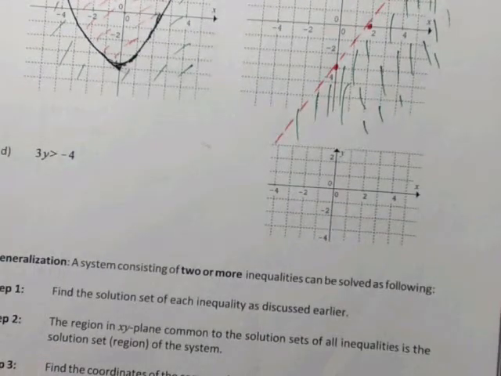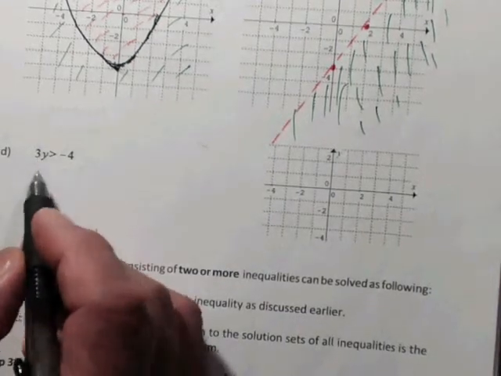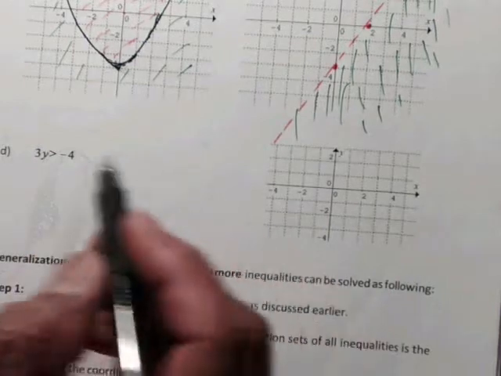Finally, we have one that is an easy one, because variable x is missing, so the borderline is horizontal.